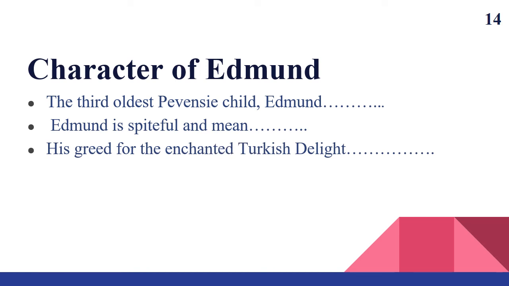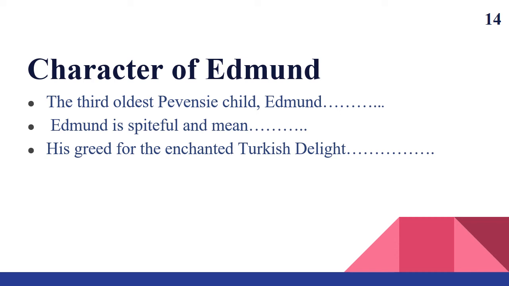So when we talk about his greed for the enchanted Turkish delight, that is another negative aspect, that he was a greedy person. The Turkish delight was a sweet offered to him by the White Witch. He showed massive interest in that sweet, and he kept on eating and eating and even asking for more afterwards.